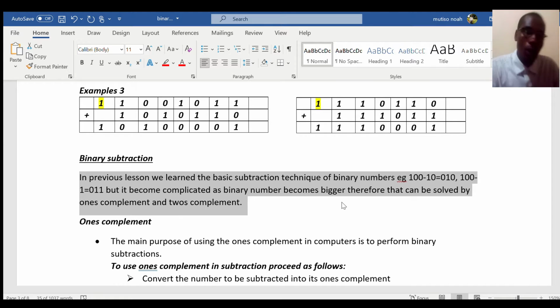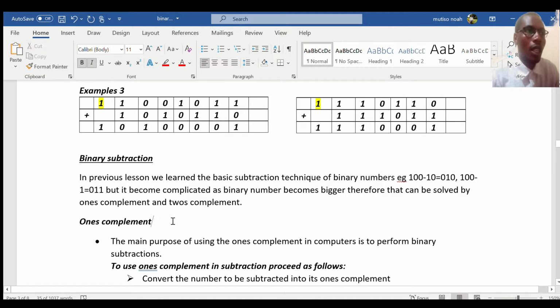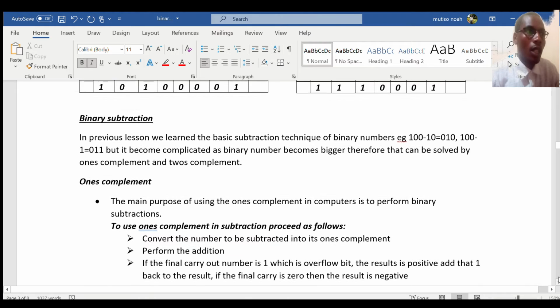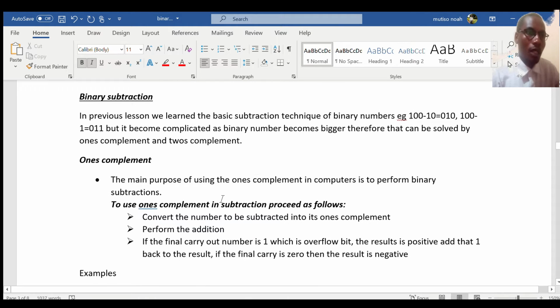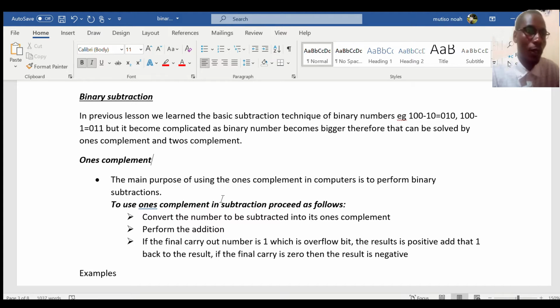So let us go one-on-one on subtraction using ones complement, because the main reason why ones complement is there is to perform binary subtractions. That is its main agenda, and we can see how it does the subtraction.